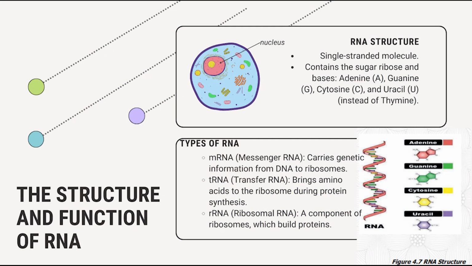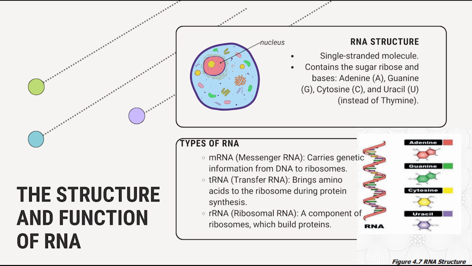RNA, or ribonucleic acid, is similar to DNA but has some key differences. RNA is single-stranded and uses the sugar ribose instead of deoxyribose. Instead of thymine, RNA has uracil. There are three major types of RNA. The first one is messenger RNA, which carries the genetic code from DNA to ribosomes.